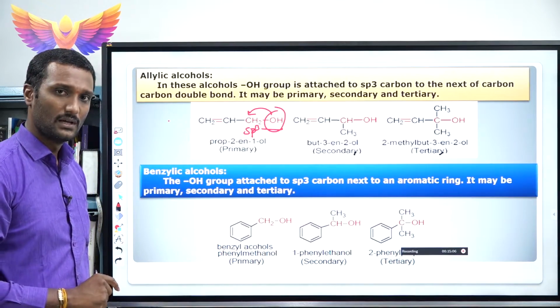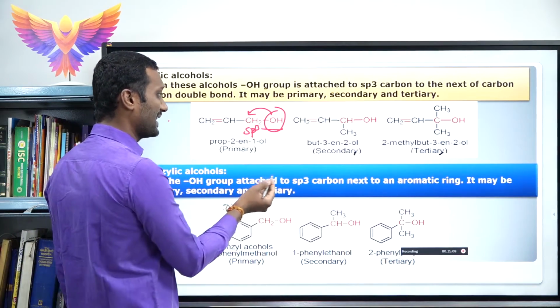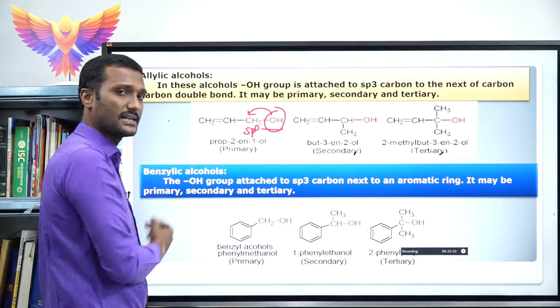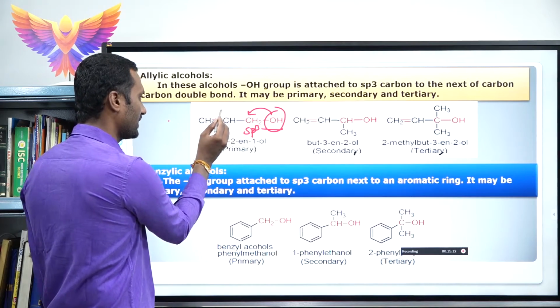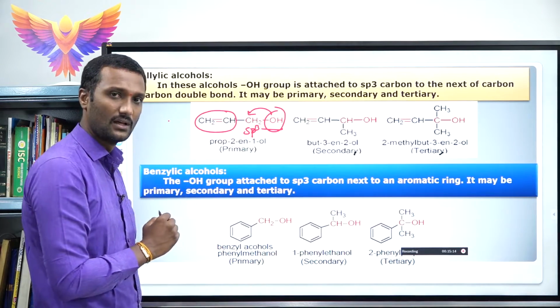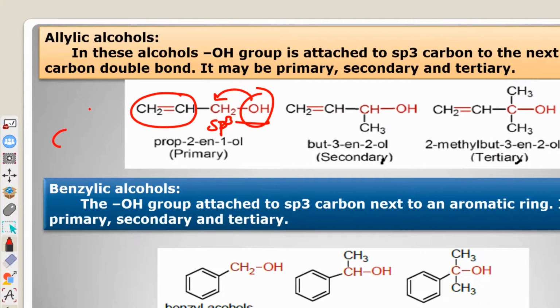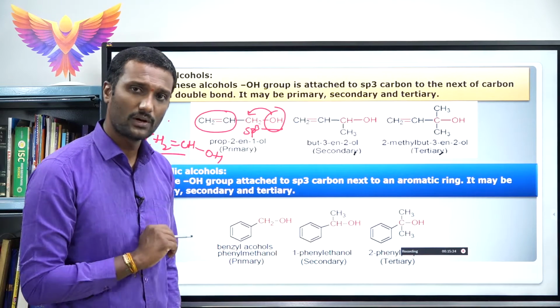hybridization. Suppose the OH group is attached directly to an unsaturated hydrocarbon, which is unsaturated. If a carbon has a double bond and the OH group is attached directly to the carbon-carbon double bond, it is sp2 hybridization.